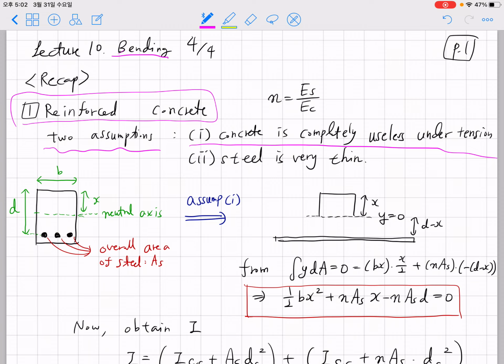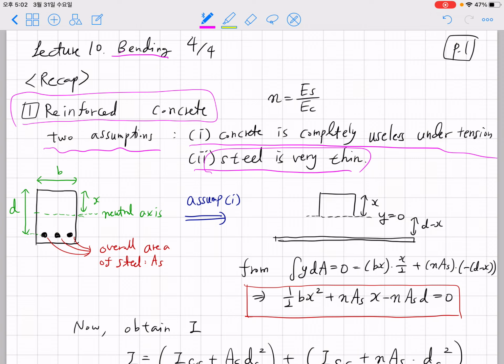The second is that steel is very thin, so that when we account for I, the area moment of inertia for steel, we consider the I with respect to the centroid of steel to be 0. We only accounted for area multiplied by distance squared, the second term in the parallel axis theorem, for the steel's contribution to I.